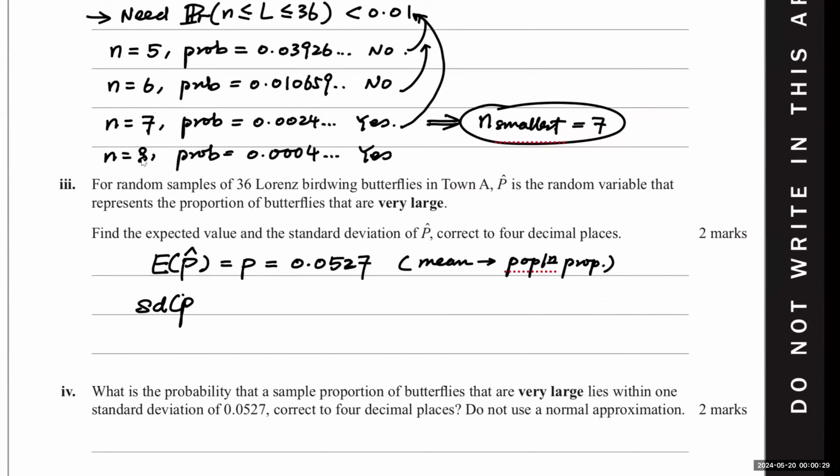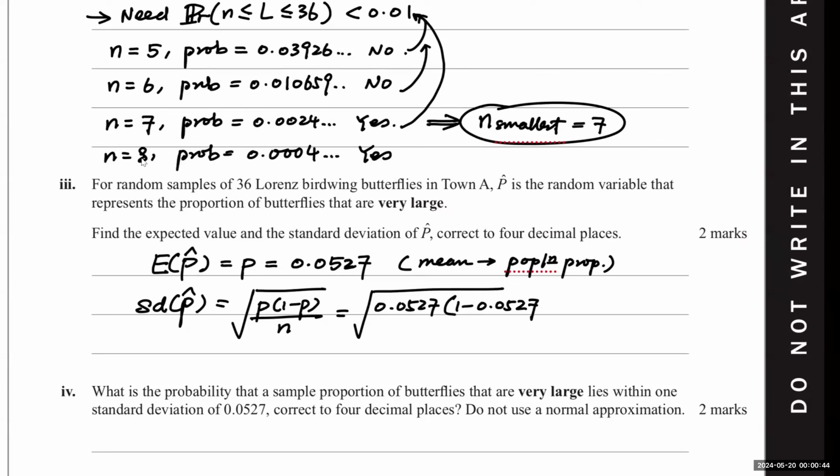And the standard deviation of p hat, we probably need to use the square root of p times 1 minus p, divided by n. So it's the square root of 0.0527 times 1 minus 0.0527, divided by the sample size 36.